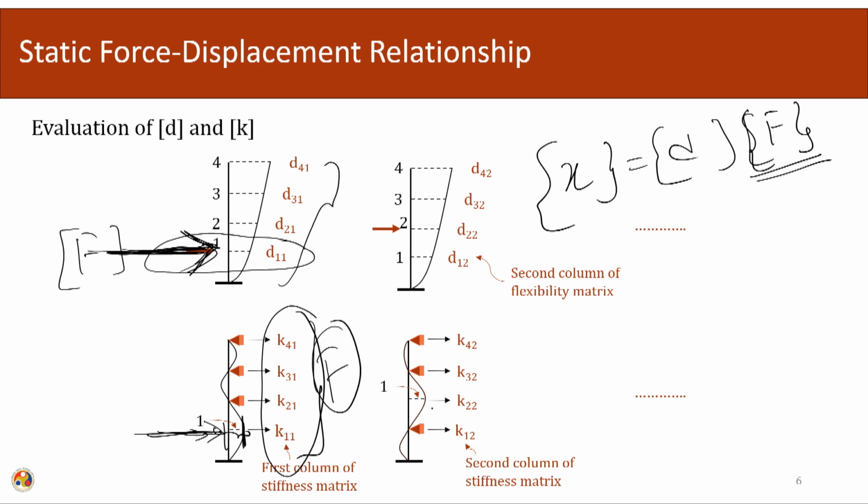Similarly, for the second point we apply a unit deformation, and the force required to get this system in this particular shape is the stiffness matrix. Similarly, we apply a unit force, so the displacement quantity becomes my flexibility quantity.